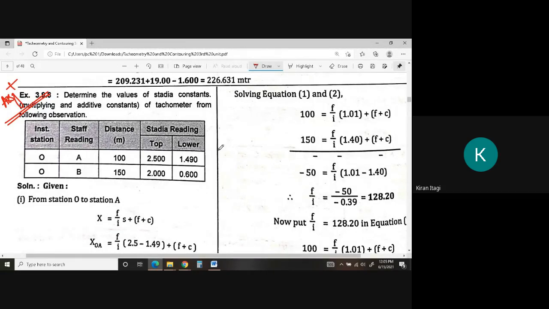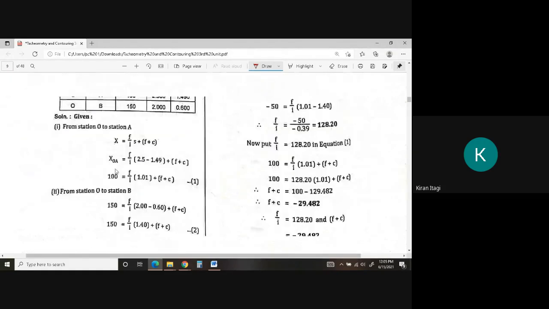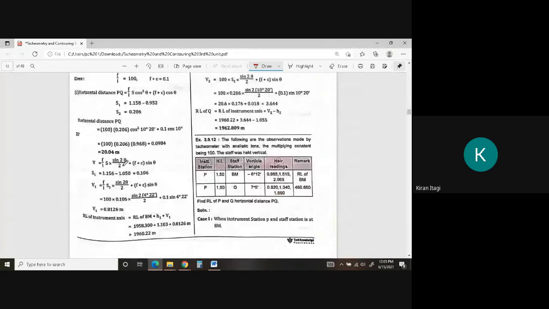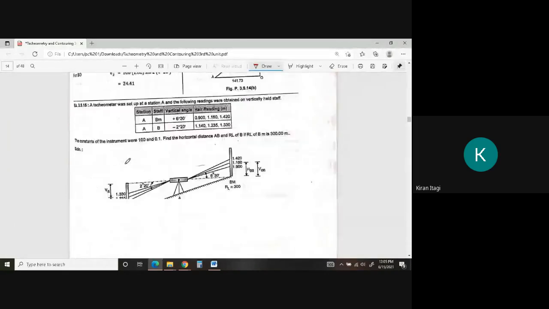Take the screenshot. Example question paper problems are there.